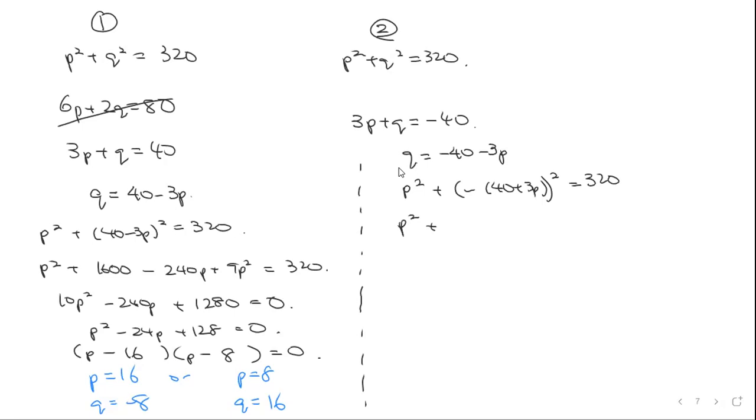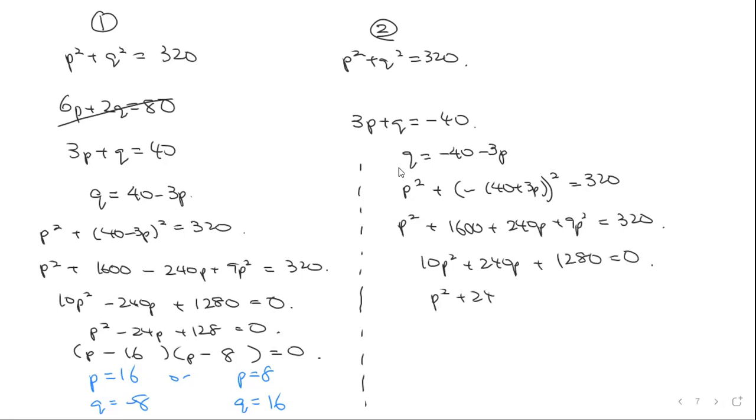So that's plus 1600 plus, well, 240p plus 9p squared equals 320, meaning 10p squared plus 240p plus 1280 equals 0. So p squared plus 24p plus 128 equals 0.